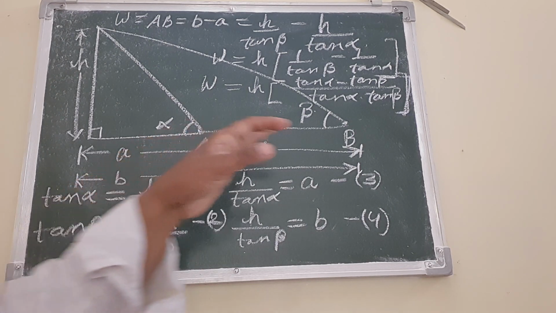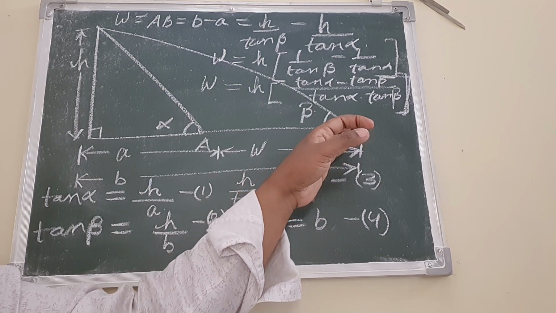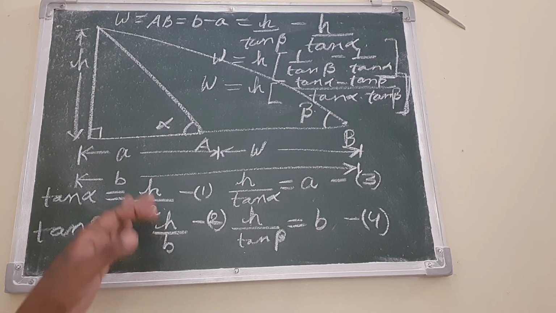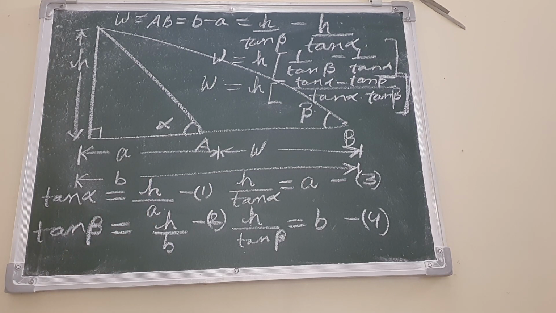On the other side of the road there is a point B which subtends an angle of beta, and its distance from the foot of the building is b. Now we have to find the distance AB, which is the width of the road, that is W.